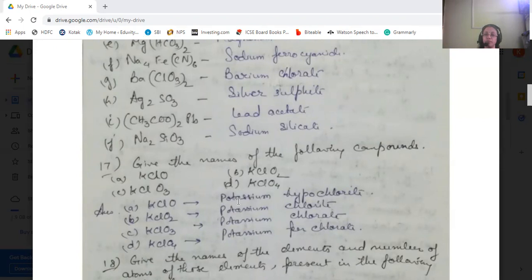When oxygen is combining with chlorine, and the number of oxygen atoms is less than 2, then it is hypochlorite. We add a prefix, that is hypo, to chlorite. And when the oxygen atoms are 2, then it is chlorite. When it is more than 2, that's 3, then it is chlorate. And when it is more than 3, then it is perchlorate. We add a prefix per to chlorate. Okay.